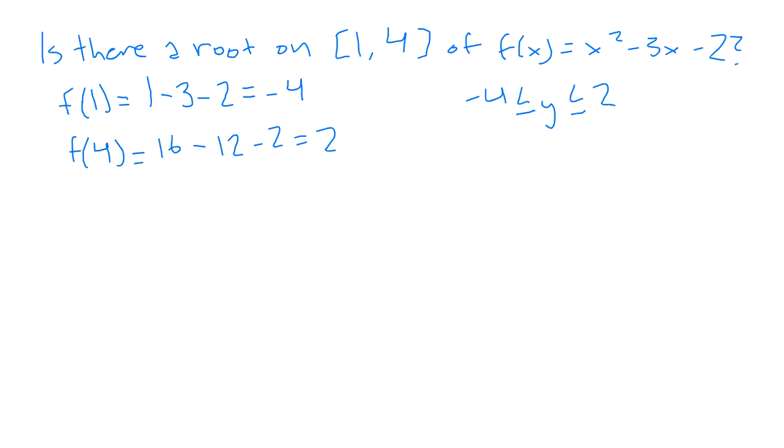So we know f of c equals 0 exists. We could stop there and say that the root exists, but let's go a little further and try to solve it just for our amusement, because usually they will try to ask you to find c.